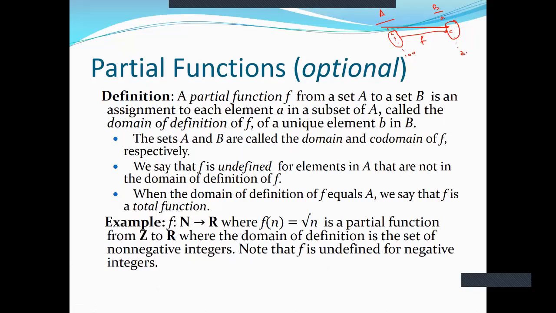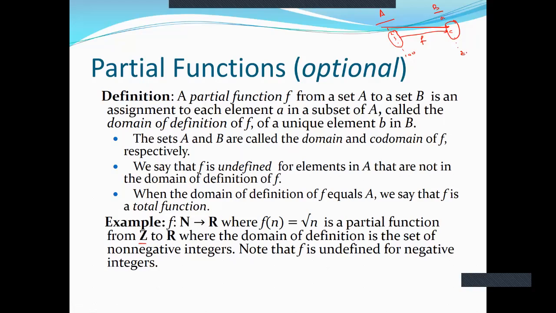we know that we can easily compute the square root of positive numbers. We cannot compute the square root of negative numbers, right? Since we are using the integers, from Z to R, that also includes the negative integers.